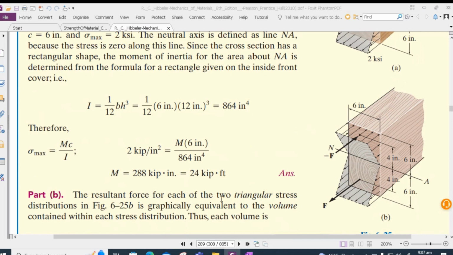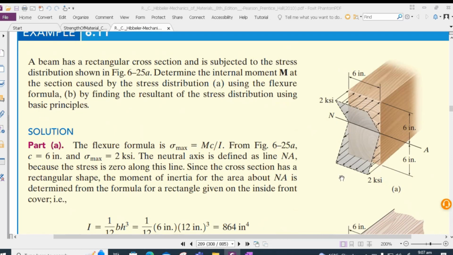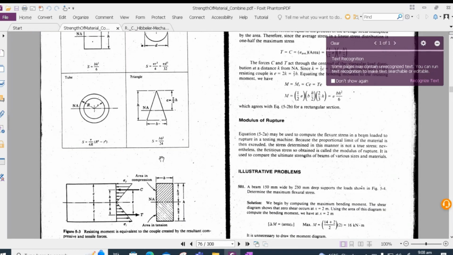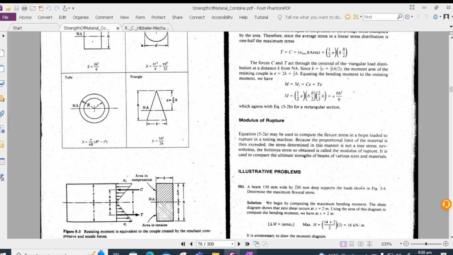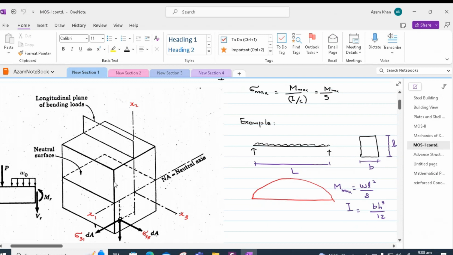The second part is saying using the first principle. So the question is how to find the moment using the first principle. Again, if we consider the same cross section and assume that the variation of stress is linear, the applied loading will make the region above the neutral axis in compression and the region below the neutral axis in tension.